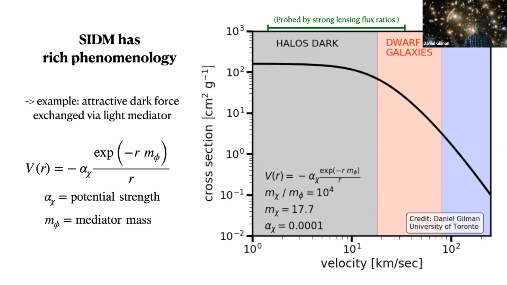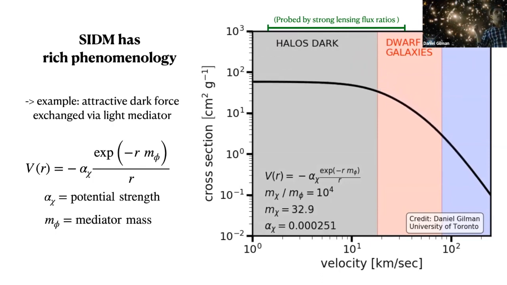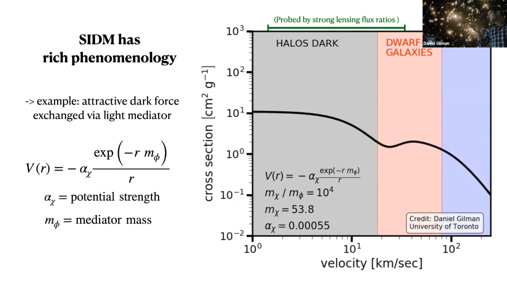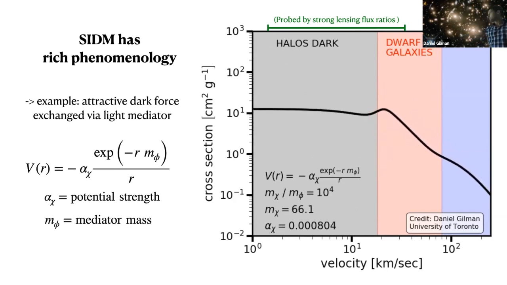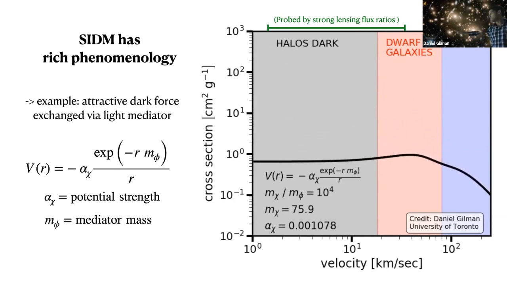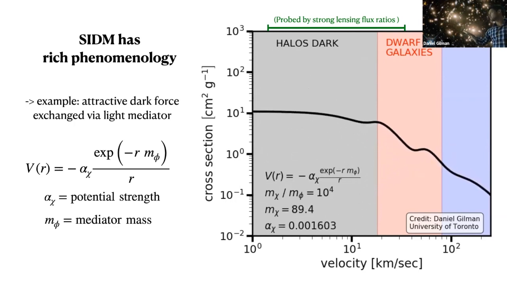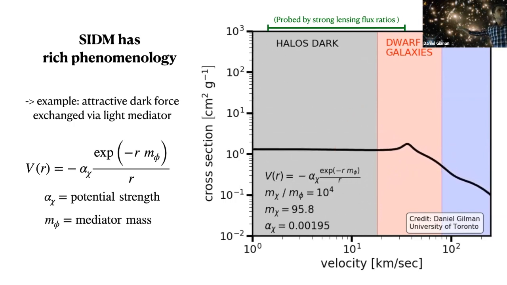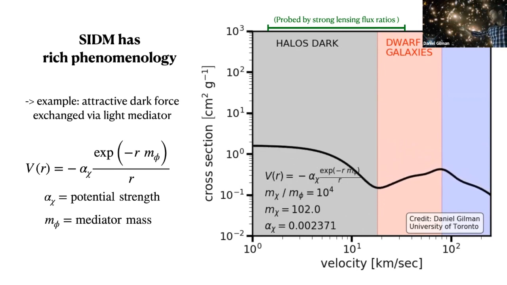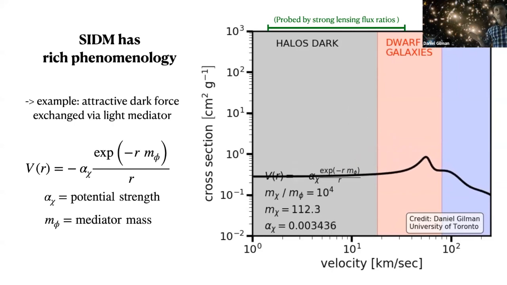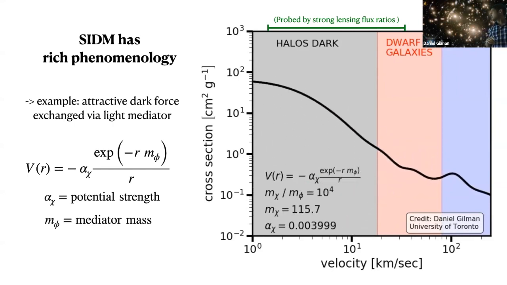Because this is an attractive potential, you'll actually form bound states in the scattering problem. These bound states produce resonant features in the cross-section at different speeds. As you move through different regions of parameter space, you explore different resonances at different velocities. These can then differentiate the scattering cross-section amplitude at different velocities, and therefore different halo masses, by many orders of magnitude.